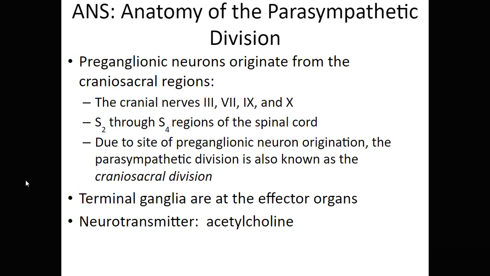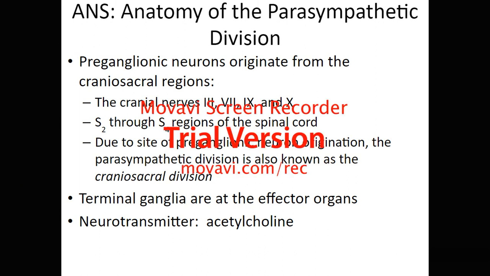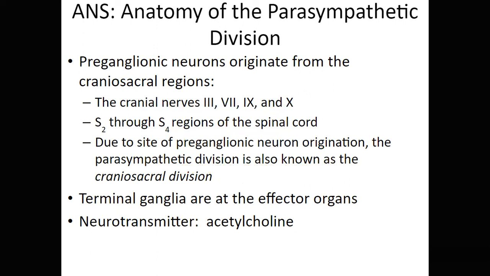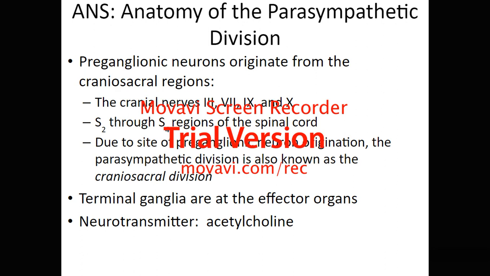All right, so the anatomy of the parasympathetic division: the preganglionic neurons originate from the craniosacral regions. That's cranial nerves 3, 7, 9, and 10, so pretty much the cranial region, and then the sacral region, S2 through S4 of the spinal cord.